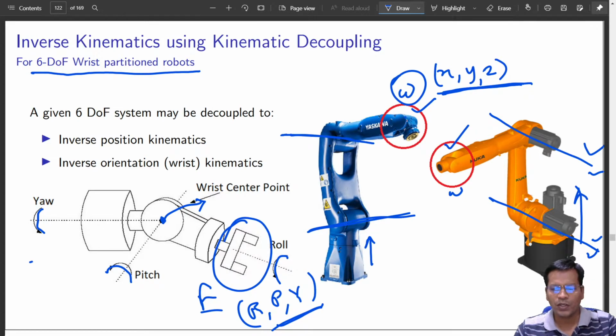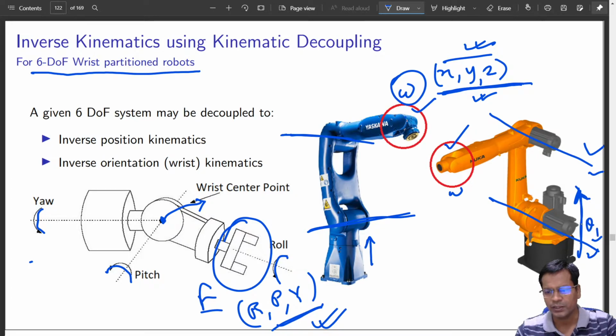Now what will be given is that we want to go to XYZ. This is known. We know how we have to orient. Roll, pitch and yaw are also known. So these two parameters are known. I want to find all the joint angles, which are located at these joints.